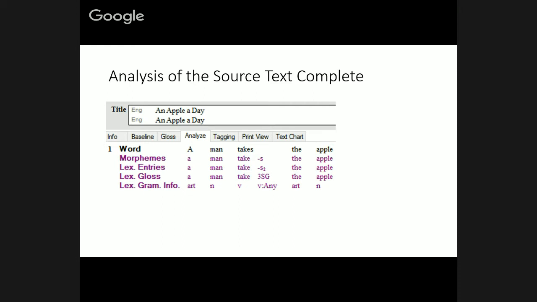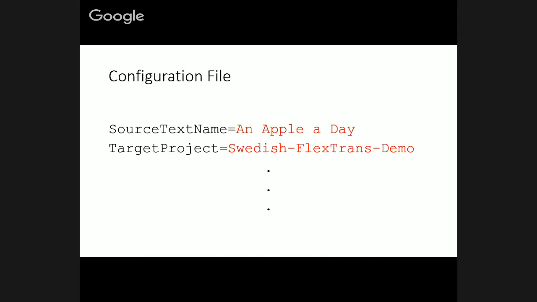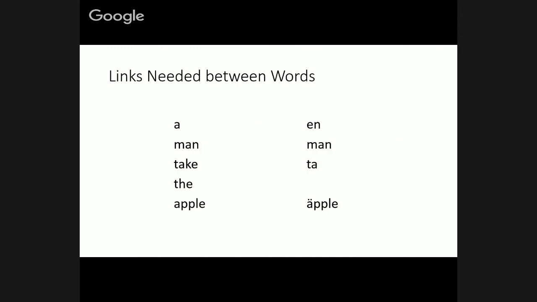There are no blue or orange boxes, which are sometimes there when you're first doing it. So having the analyzed text is the first prerequisite. I also wanted to mention that there's a configuration file where you set different things like the name of the text that you want to translate, what the target project is, and a bunch of other settings. That's just a text file.